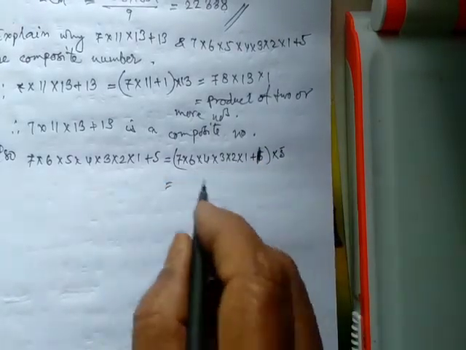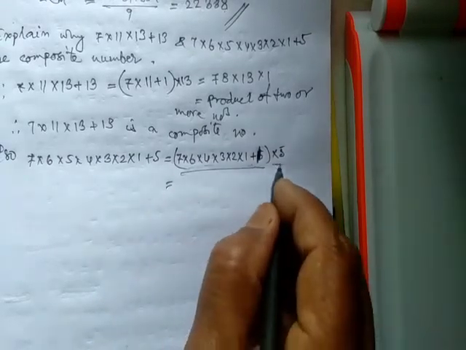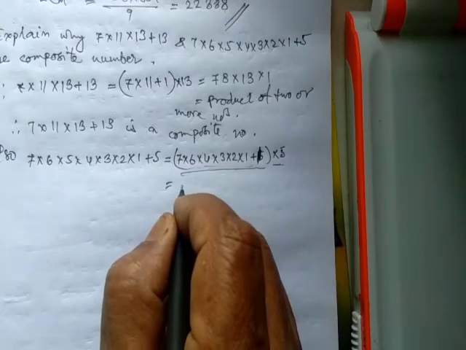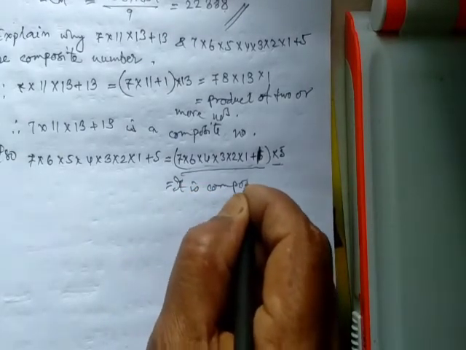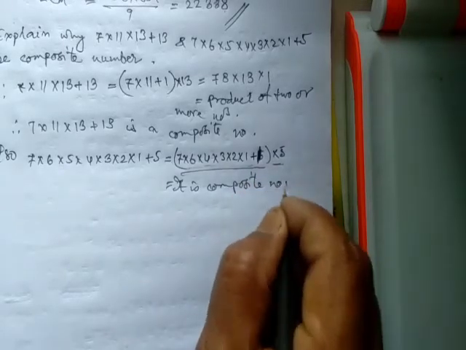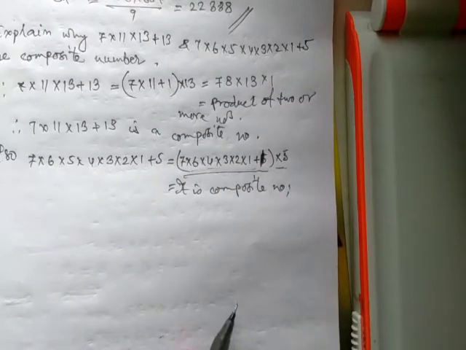This is a product of two numbers. It is more than 3 factors, and 1 is also there. So it's a composite number.